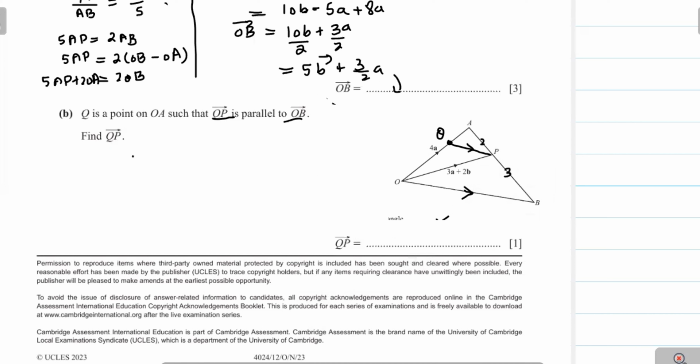Therefore, the ratio between the corresponding sides QP over OB will be equal to the ratio of the lengths AP over AB. The length AP over AB is 2 over 5, and OB here is 3 over 2 A plus 5B.